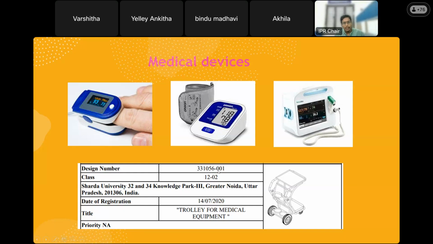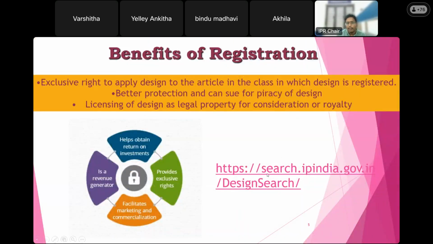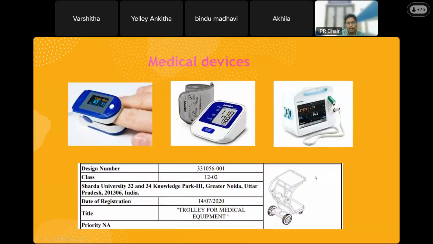So based on the design number, you can search also. For example, in the previous slide, I have shown one website. If you open the website and search this design number, it will directly show this one. So we will see at the end of the class how to search.